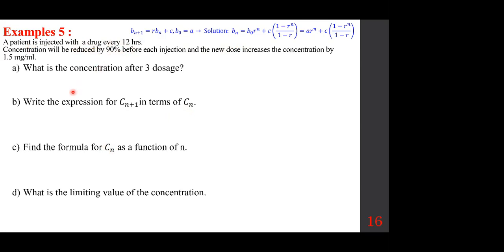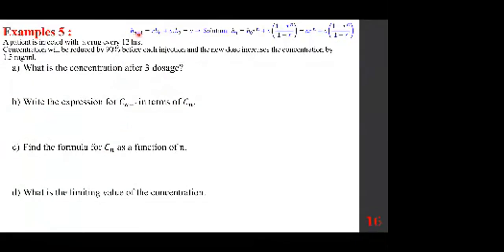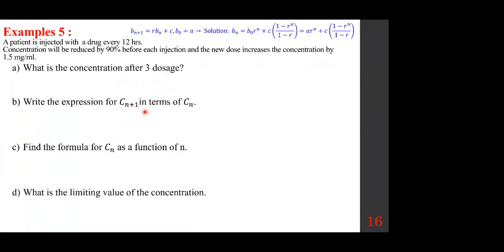So what we want to do now, we want to compare to this and see what's given. And before even we do that, part tells us that instead of B, we are using C. Do you see that? So not a big deal. So instead of B sub n plus 1, we're going to go with C sub n plus 1, which means anywhere you see lowercase b, you change it to capital C.